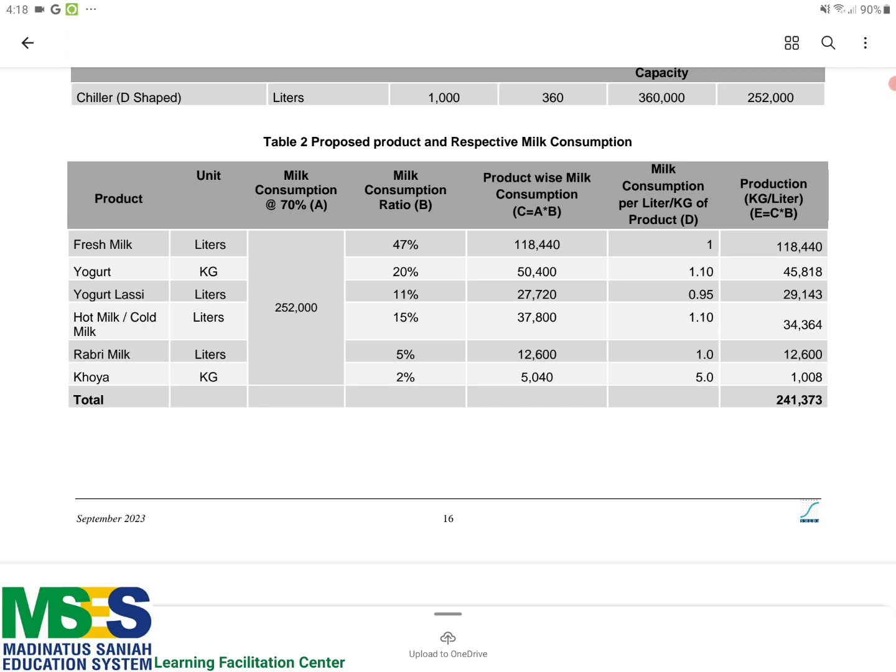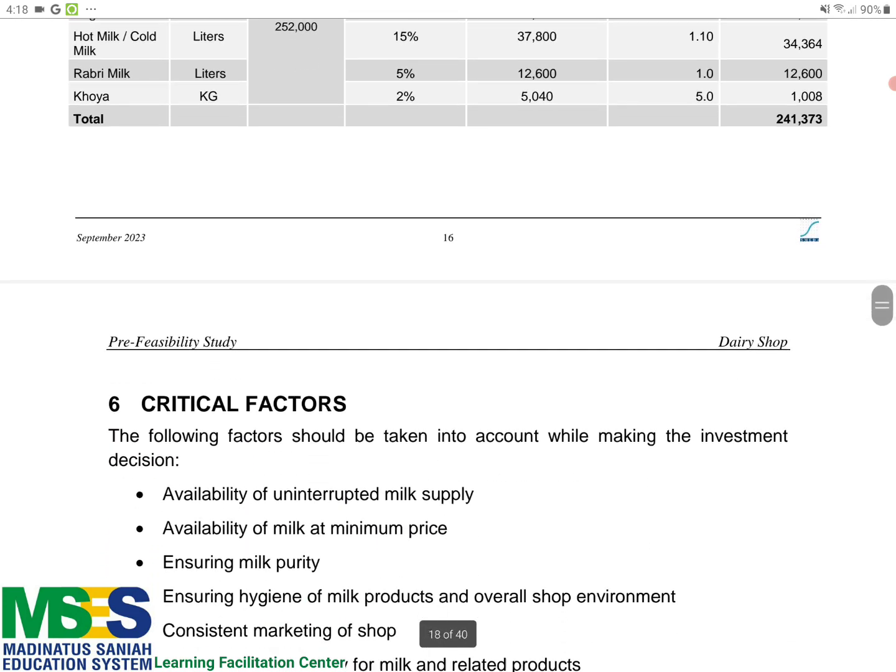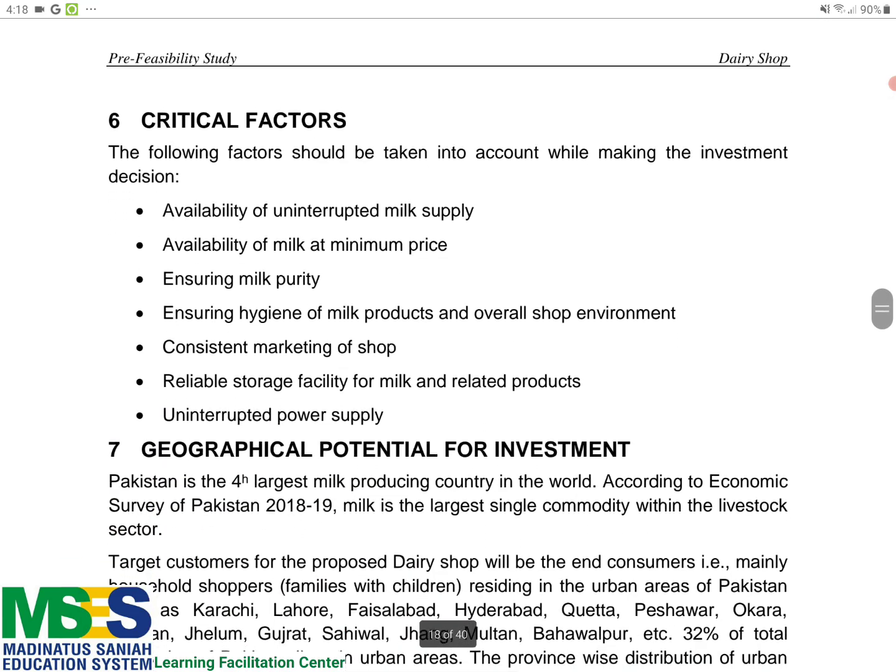Approximately 118,000 liters. How much yogurt would you sell? 45,000 kilograms. And how much hot and cold milk would you sell? 29,000, it's yogurt lassi. Okay, so we have a hang of the numbers regarding how much milk you would sell. Let's move forward. What do we mean by critical factors?